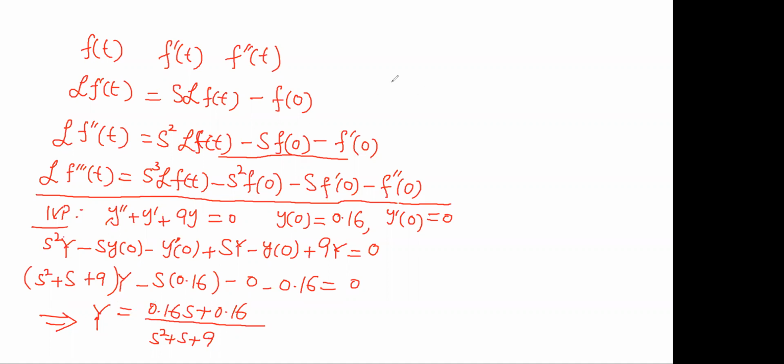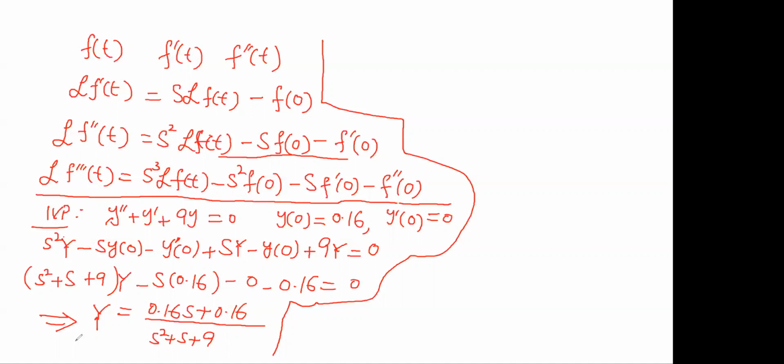Now in the next step, maybe I have space over here, I can represent it over here. In the next step, we will have to find the inverse of this, because this is a function in terms of s. So we have to find the inverse of this right hand side, so that we can find the answer back in terms of the function which will be t.